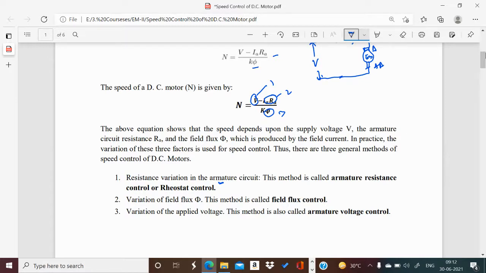Are you getting my point? If we change this resistance, then we can change speed as per this equation. Changing the armature resistance for controlling speed is known as armature resistance control or rheostat control. And another parameter is this flux.